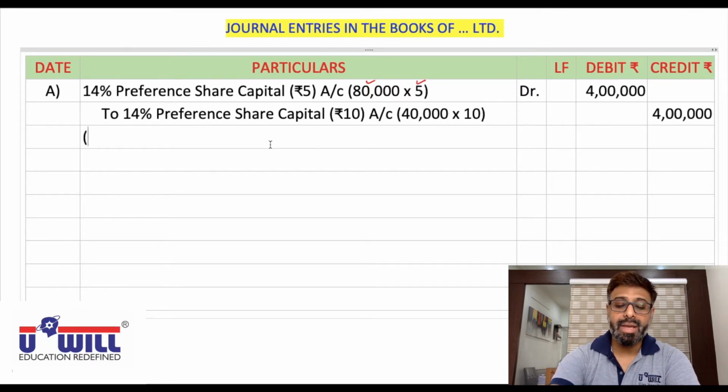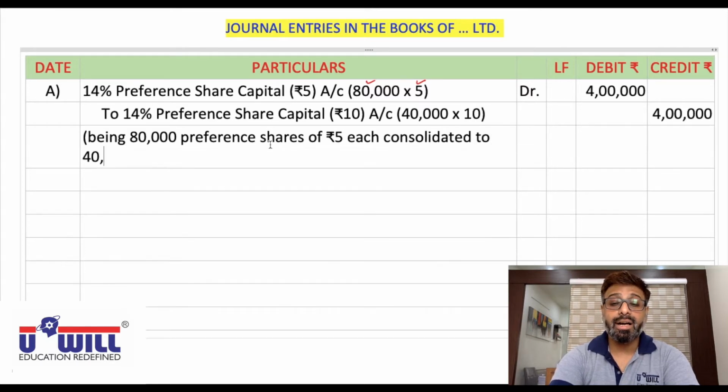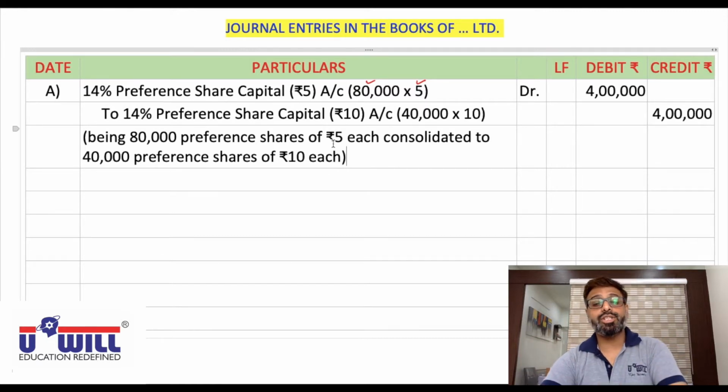So you'll write, being 80,000 preference shares of rupees 5 each consolidated to 40,000 preference shares of rupees 10 each. Okay, in the new balance sheet you'll have 40,000 preference shares of rupees 10 each.